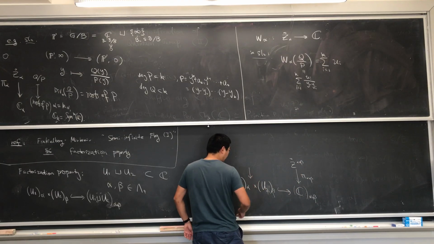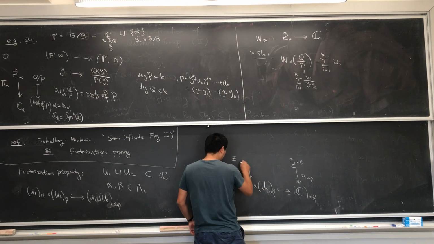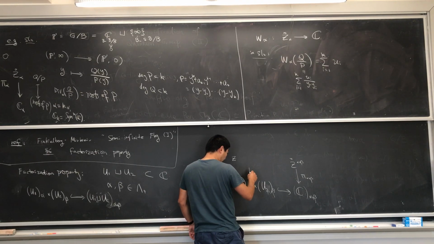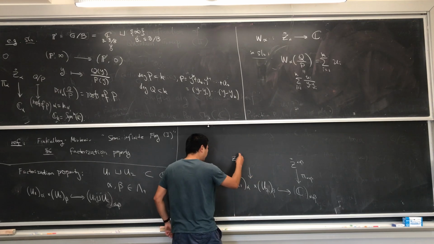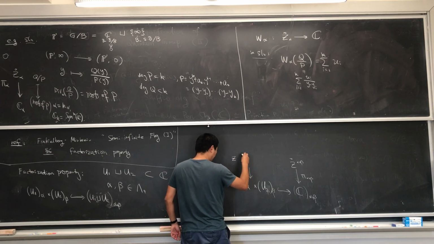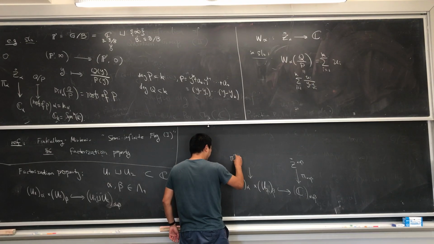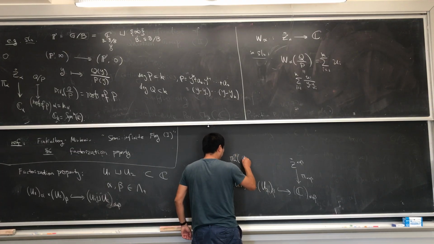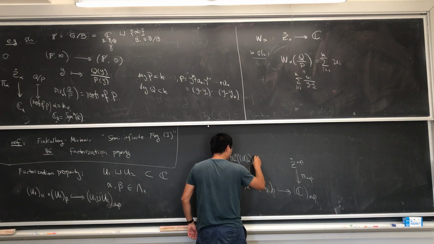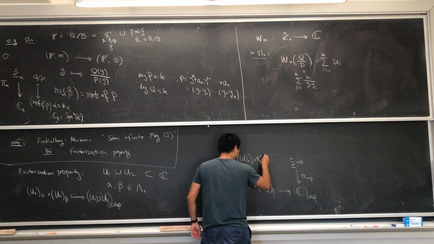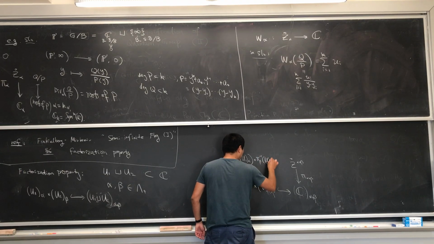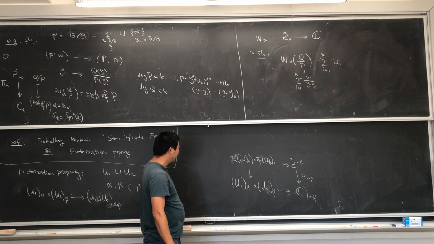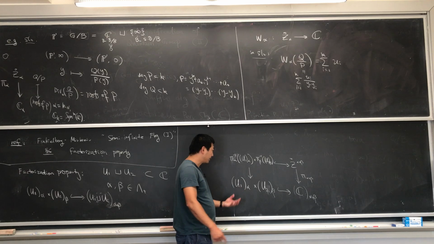And over here, sorry, let me just, it's pi alpha inverse of U1 alpha times pi beta inverse U2 beta. And we have an inclusion here. So basically, let me just draw a picture.